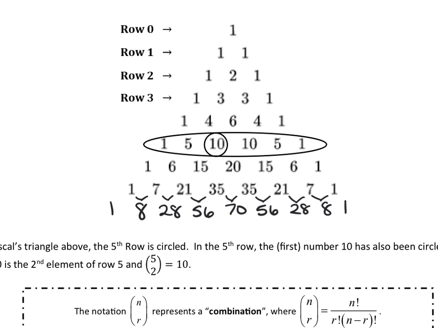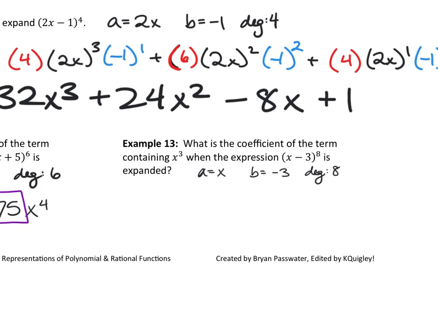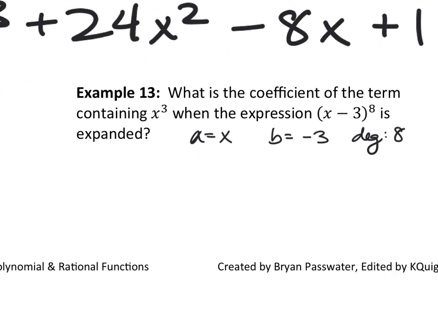We want the third number in Pascal's triangle. 0, 1, 2, 3. We will use 56 here as my number from Pascal's triangle. So I have 56 coming from Pascal's triangle. I have x to the third power from here. And I have negative 3 raised to the 5th power.